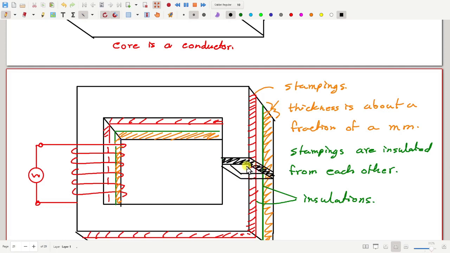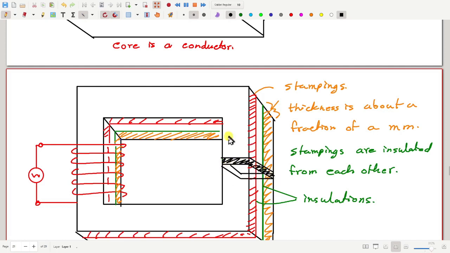So the resistance of this path is increased to a very large extent, and therefore the eddy current is lowered to a very small amount. If eddy current wants to flow, it cannot flow in this closed path.